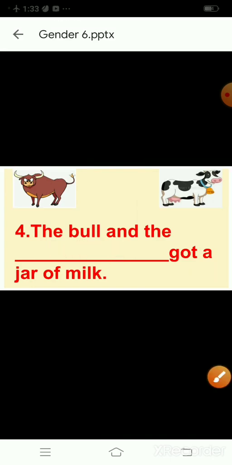Yes, cow. Correct. Let us write down. C-O-W, cow. Repeat the sentence, children. The bull and the cow got a jar of milk.